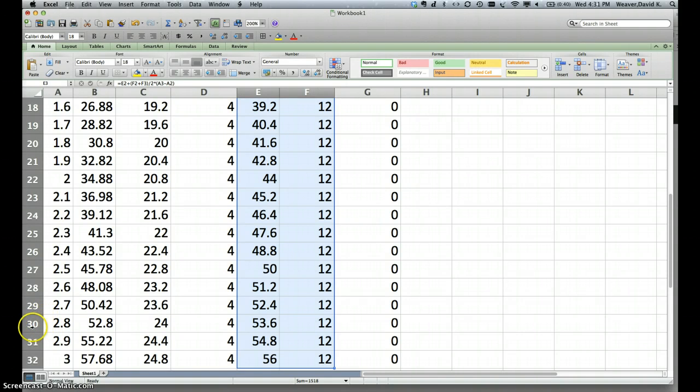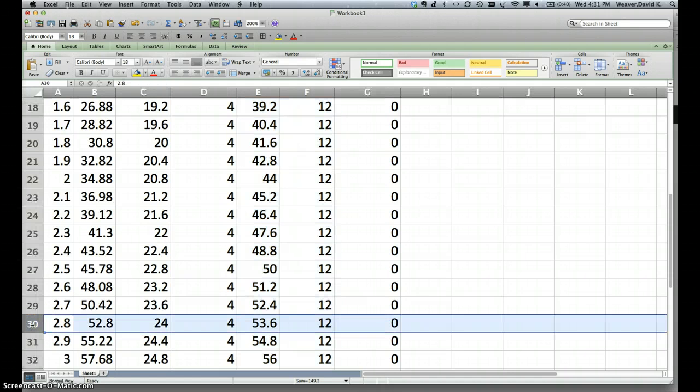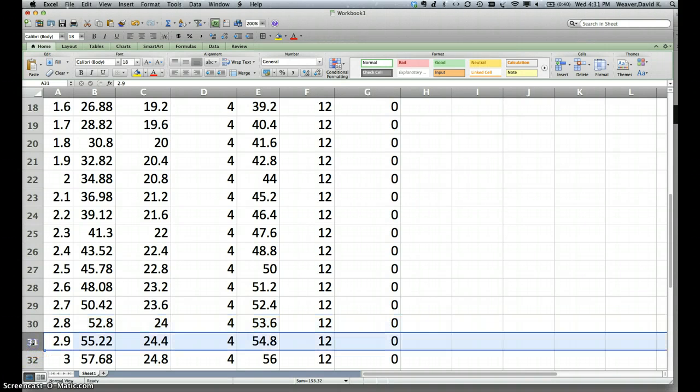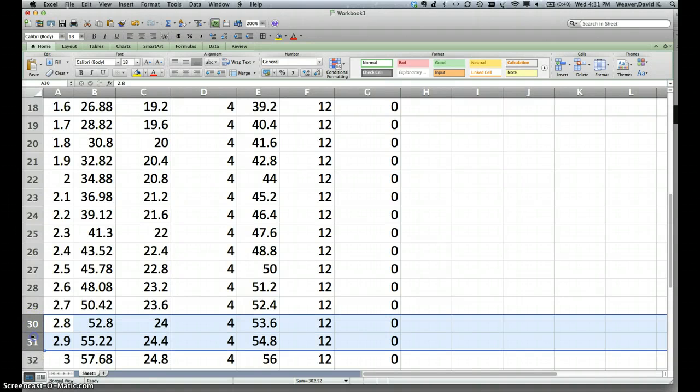I can see at this point the car is right on the truck's bumper, and here the car's front bumper is in the back seat of the truck. So somewhere between here and here is where the collision took place. And so we have a solution here, and it's probably somewhere pretty much in between those two.